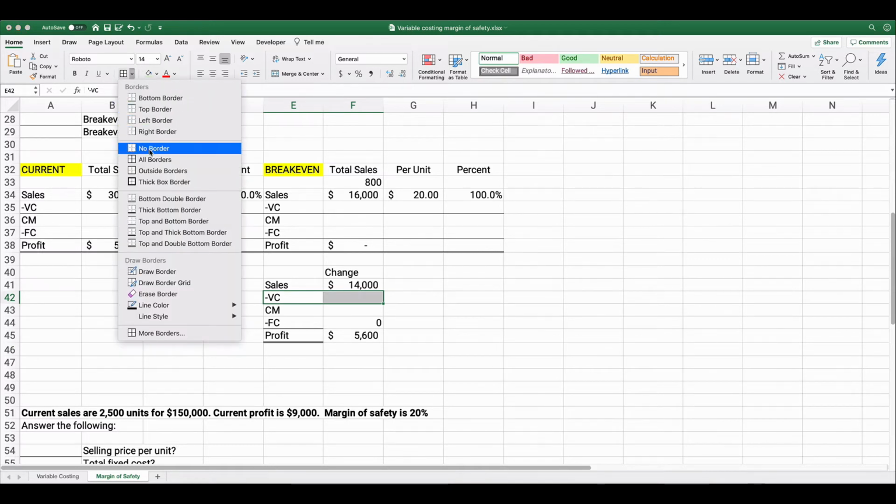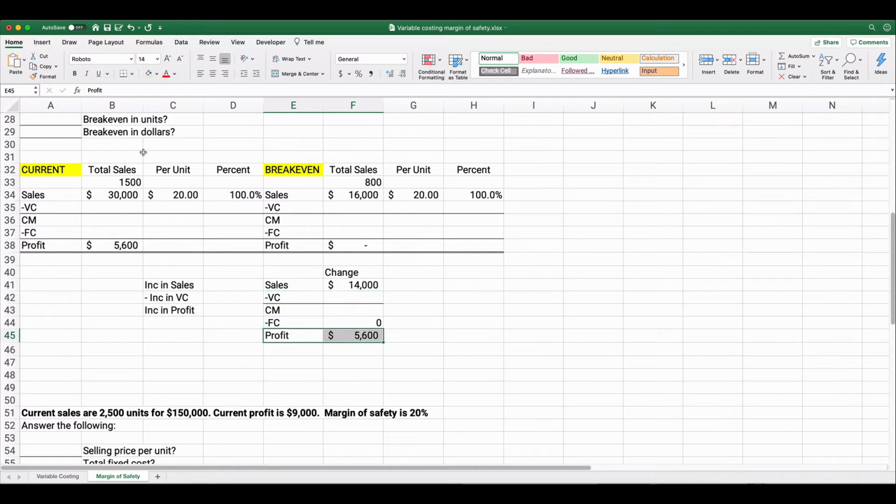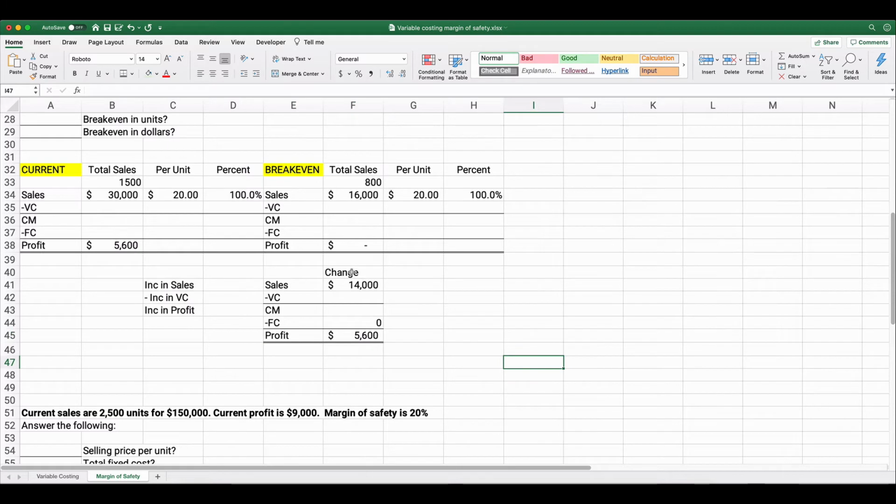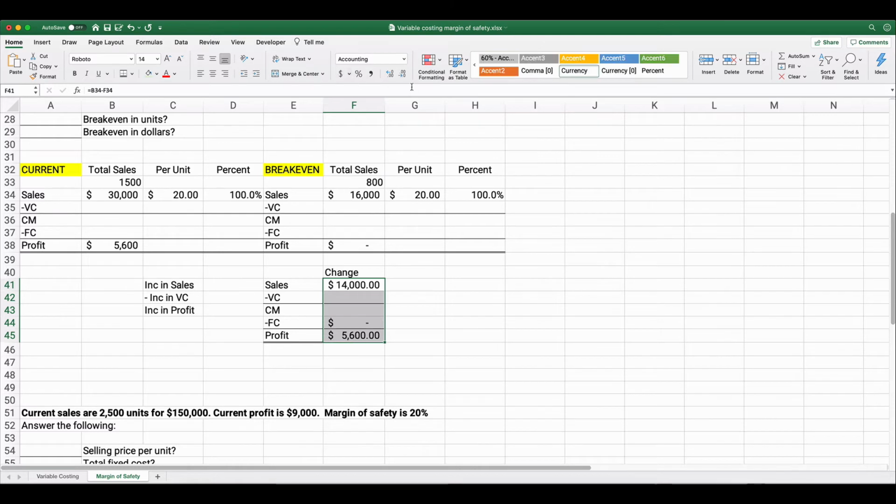All right, so let's think about what we know on this, and we can make some assumptions. Let me put dollar signs all the way down. We're assuming that there's no change in fixed cost.